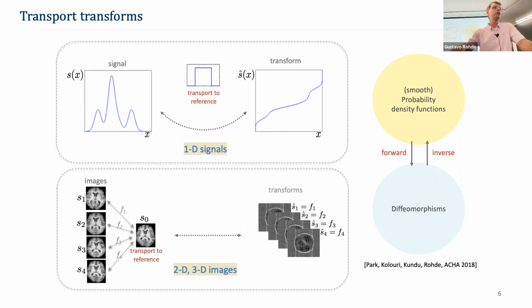if you know the push forward of this measure onto this measure, right, then you can take the reference measure and invert this map and get the map back. So in that way, you can think about an assignment, a one-to-one correspondence between probability density functions and diffeomorphisms, right, with certain assumptions on the smoothness of the input probability space.